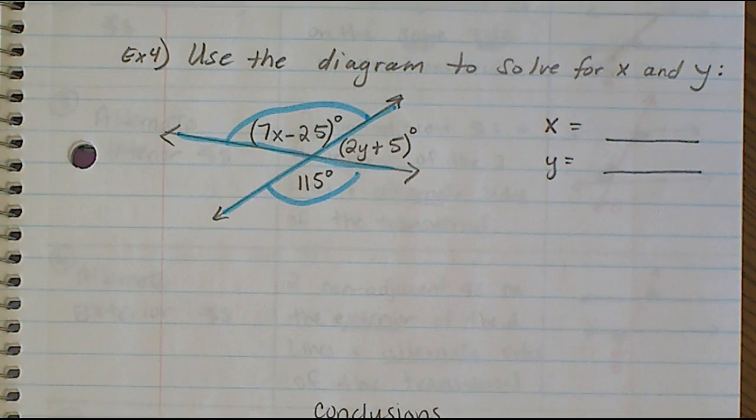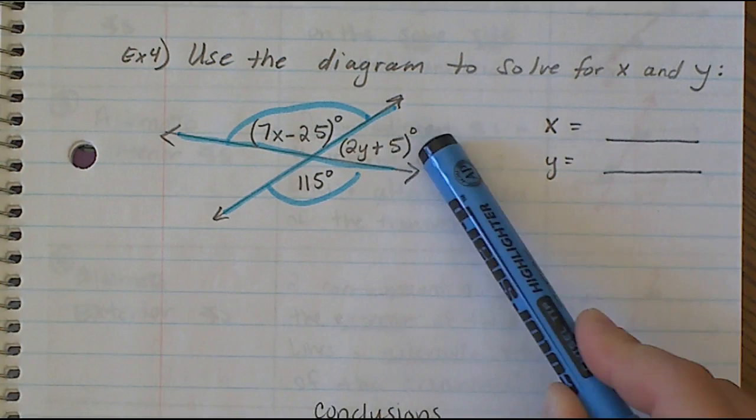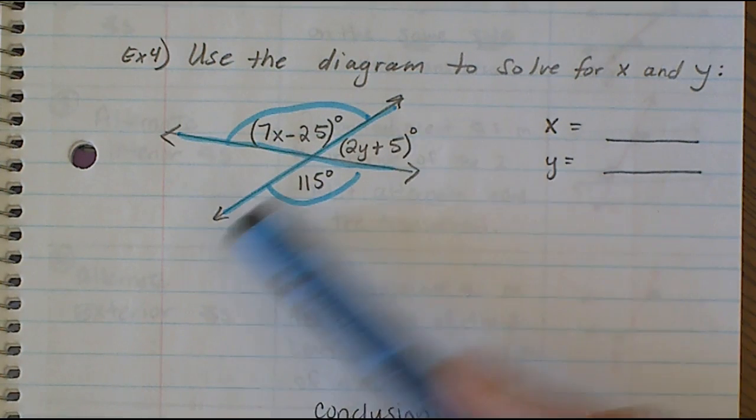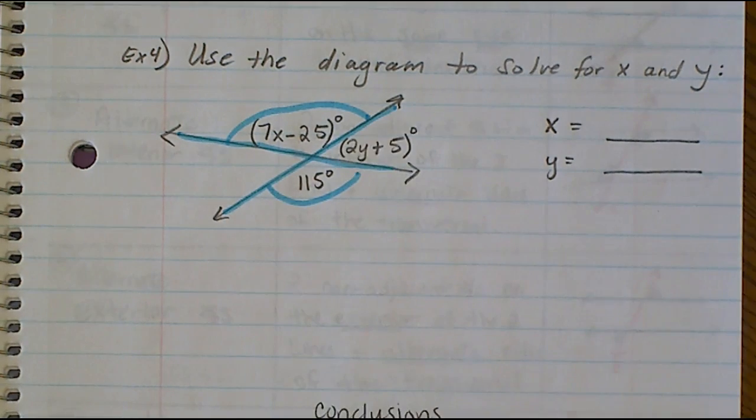And so we just talked about a special relationship that vertical angles have. And then the 115 degrees and this angle here with the y, those two angles have a special relationship that we just talked about as well. So go ahead and work out this problem, see what you get for x and y, and we will go over this one in class as well.